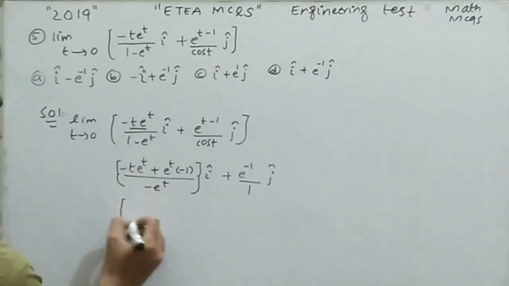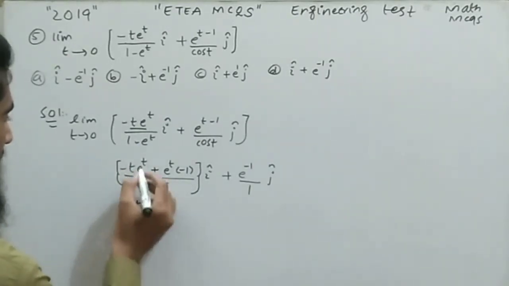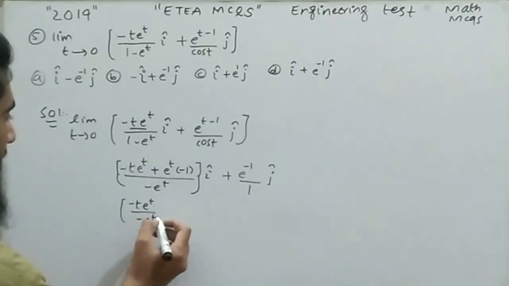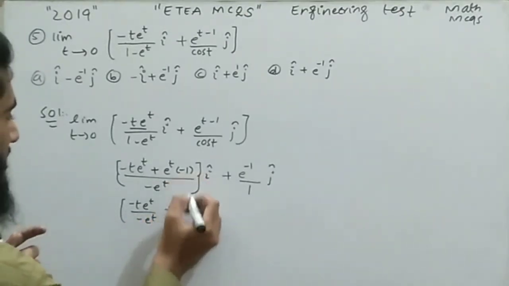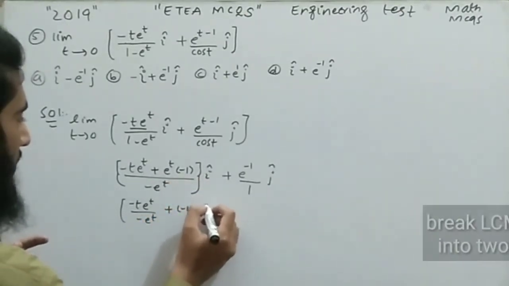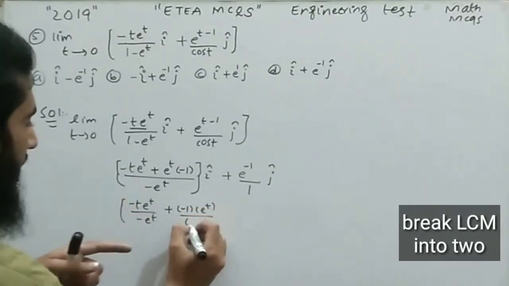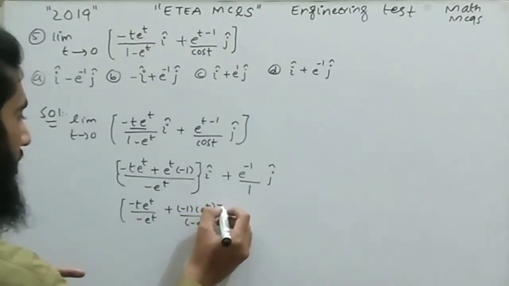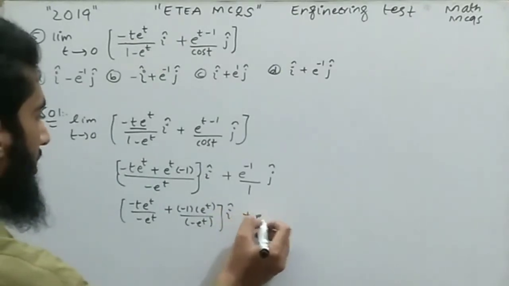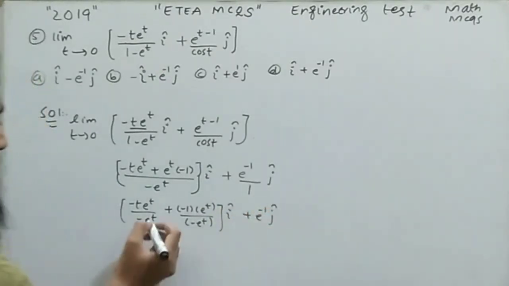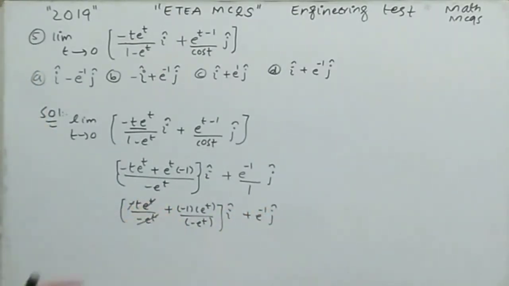After this, it can be written as minus t e power t divided by minus e power t. I write this in split form. So plus minus 1 into e power t divided by minus e power t, i, plus e power negative 1 j. Now minus e power t cancels out with minus e power t, I am left with t.